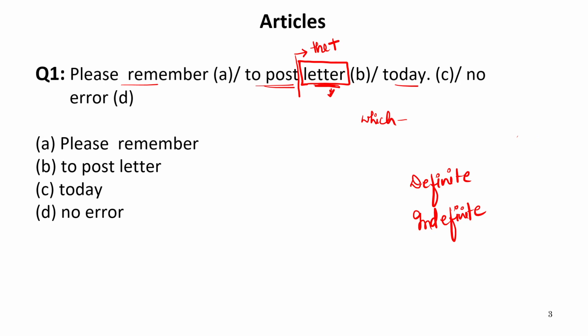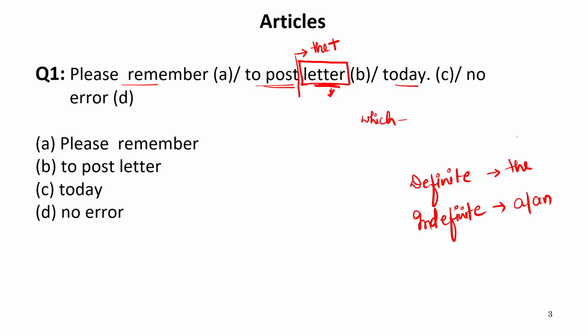If the noun is definite, we use the, and if the noun is indefinite, we use a or an according to the pronunciation of that particular noun. For example, if the noun begins with a consonant sound, we use A. But if the noun begins with a vowel sound, we use AN before it.